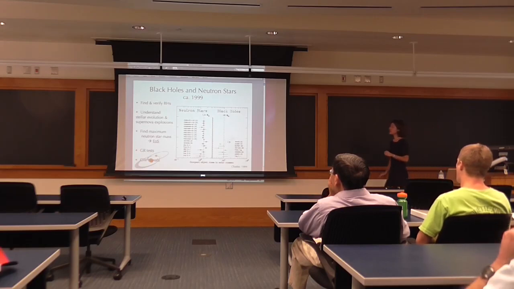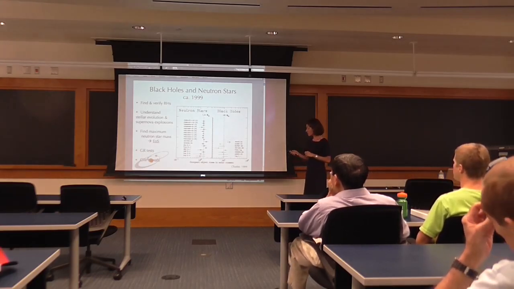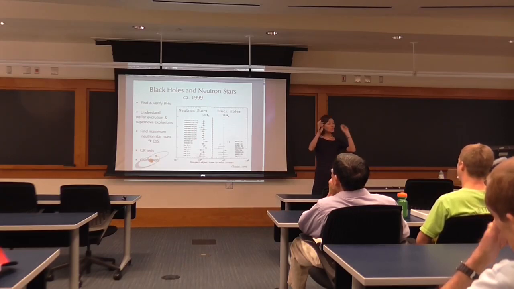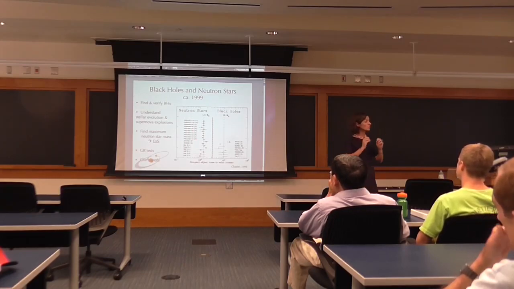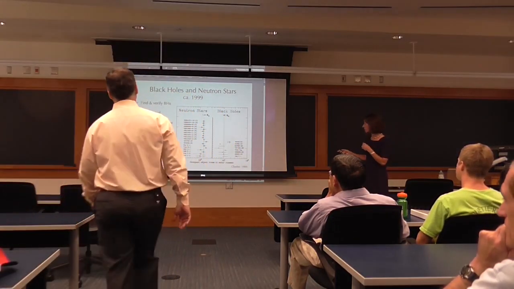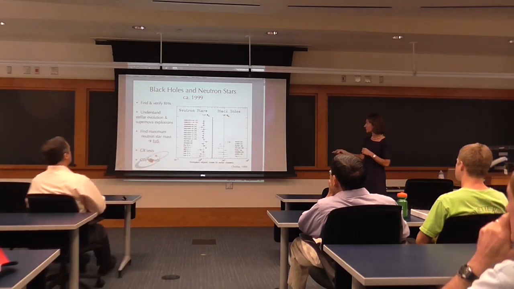So this is where things stood about a decade ago. Neutron stars with well-measured masses primarily consisted of double neutron star systems, so where both stars in a binary are neutron stars, and at least one of them is a pulsar, as you can see by this P denotation here.